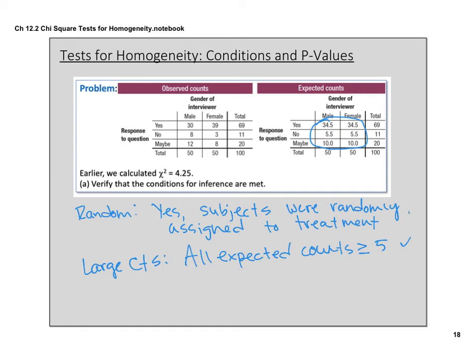That's a check. And you would put something like, see table of expected counts above, to reference that you're looking at those values. And again, we don't need 10% here because we assigned things to treatment.